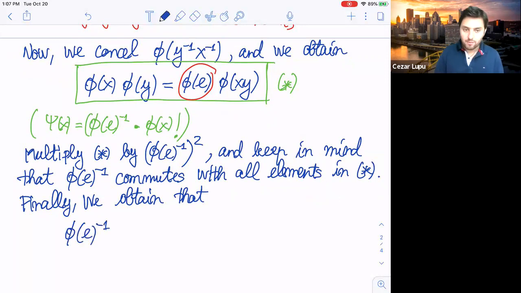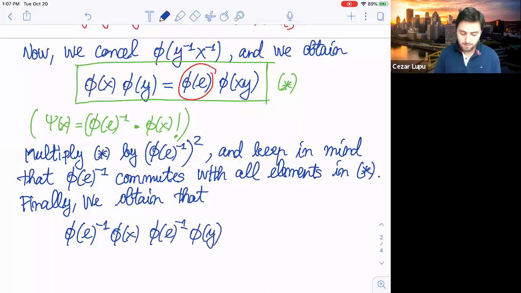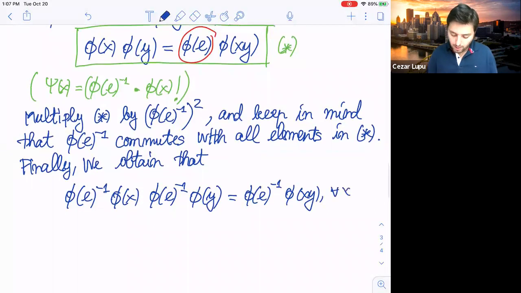So I'll have phi of e inverse phi of x, phi of e inverse phi of y, which is the same as phi of e inverse phi of xy. And this happens for all x, y, and g. Okay, so we have this.